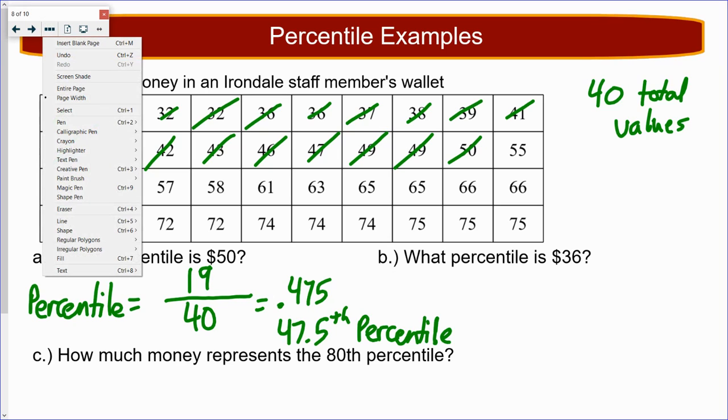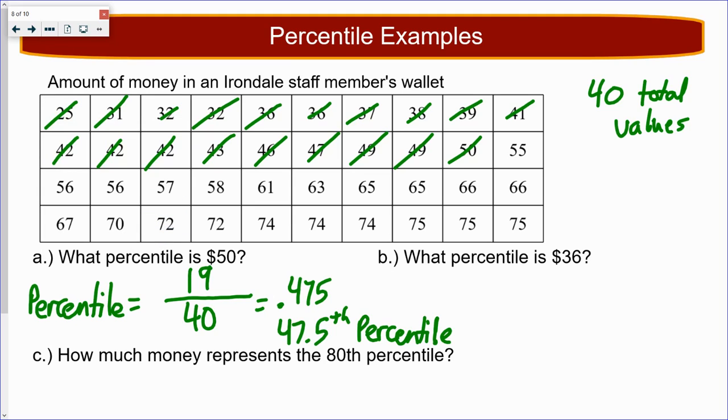So let's try this other one. Let's see, blue would be a good color there. What percentile is $36? So we need to erase those, clear that off. And we do the same idea. With my data set, thankfully, I already arranged them least to greatest, but if your data is not that way, then you'd need to do that.